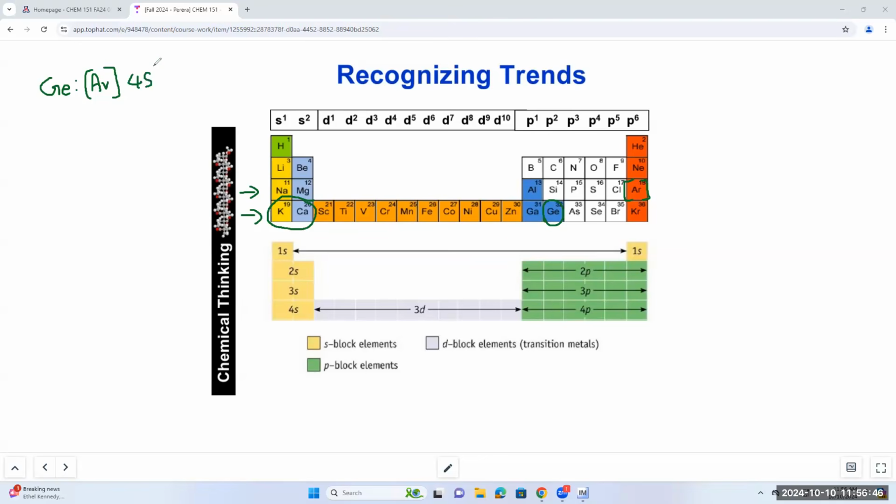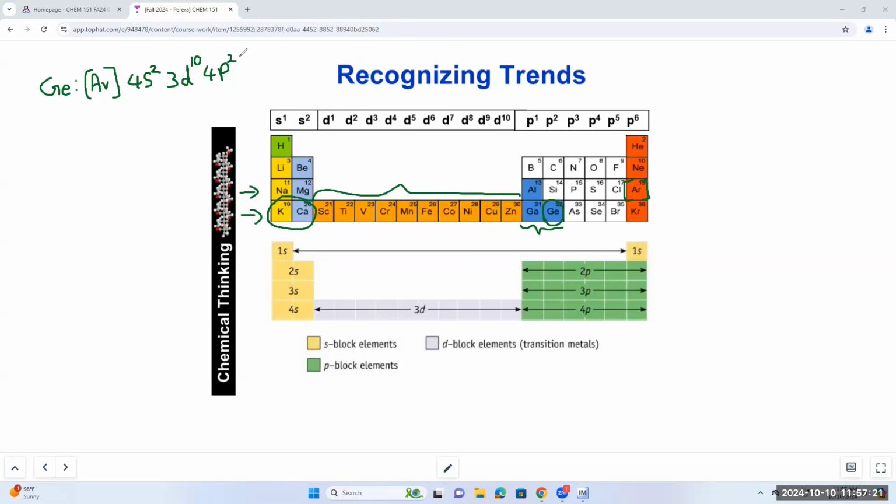Therefore, I'm going to write 4s2. And then I have these guys filled. These are D, but get this, these are not 4D, these are 3D. We have the 3D subshell completely filled. We have 10 electrons in the 3D subshell. And then in 4p, I have only 2 electrons. Therefore, I'm going to write 4p2.